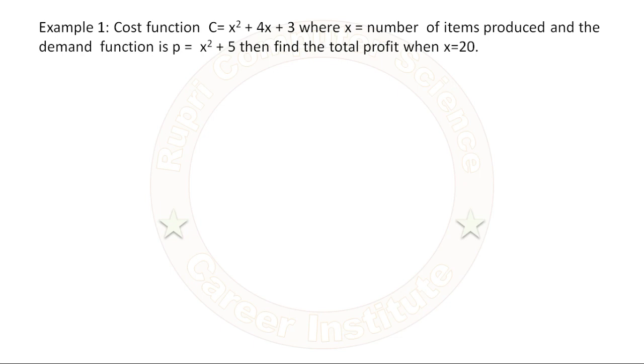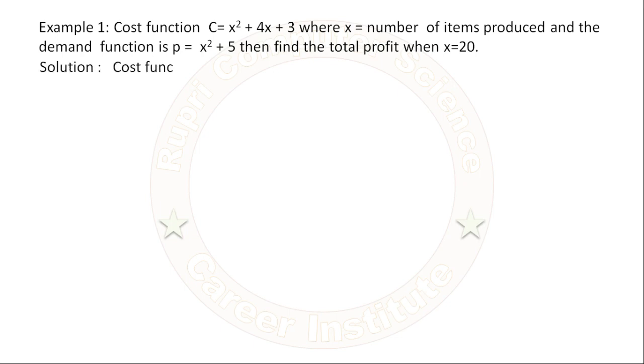First you understand, to find total profit, we have to find the total profit function. And the total profit function's formula is R minus C. Therefore, you must first find R, the total revenue. Now we solve this problem.